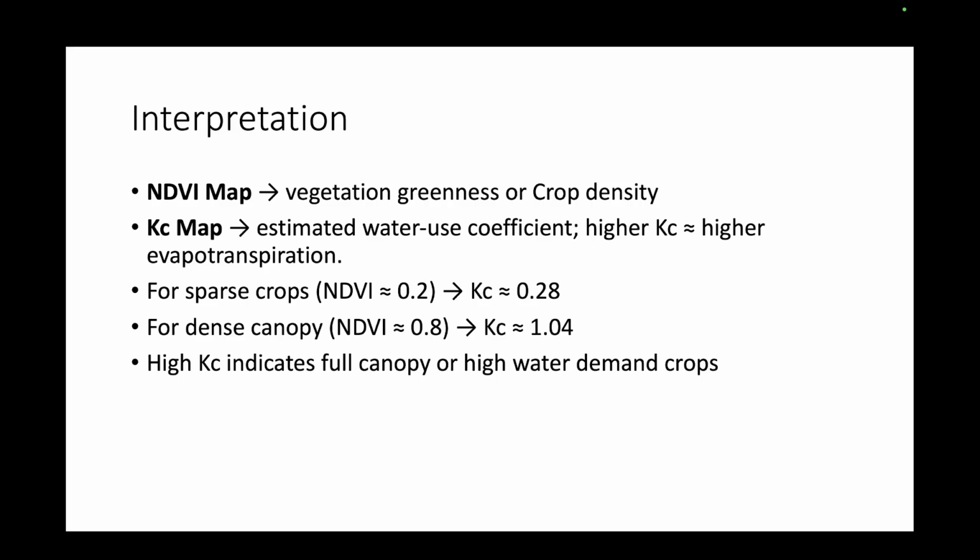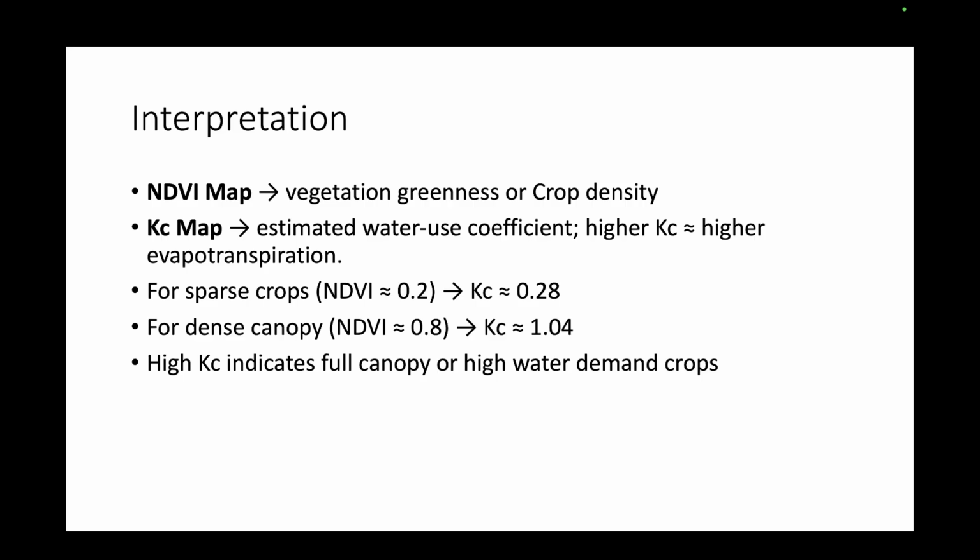If the NDVI value is very high, then the Kc value is also high, because high NDVI value or dense crop plants have higher evapotranspiration. So a high Kc value indicates a full canopy or high water demand crop.